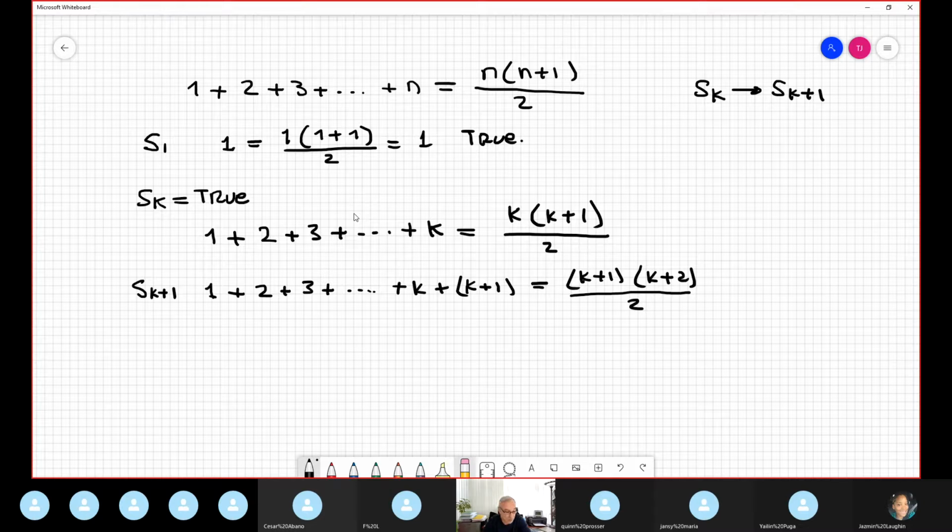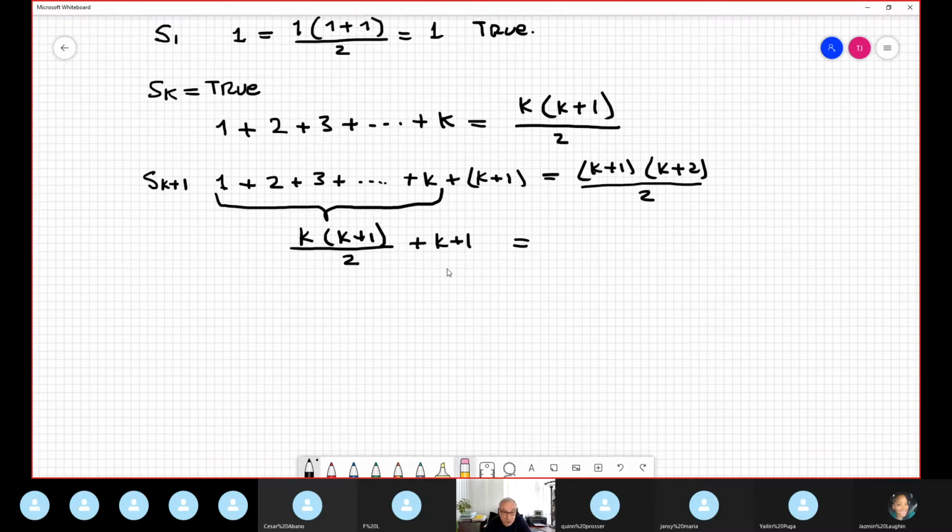But I know that part, under this assumption, is k times (k plus 1) over 2, plus k plus 1, which should be equal to this expression. That's it. Let's do it.